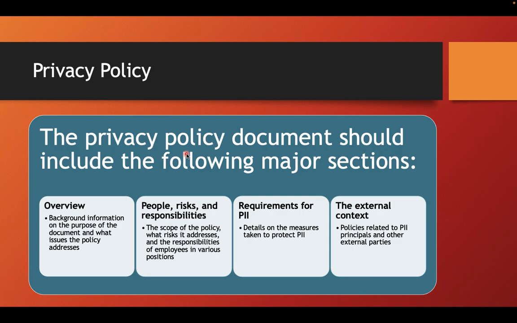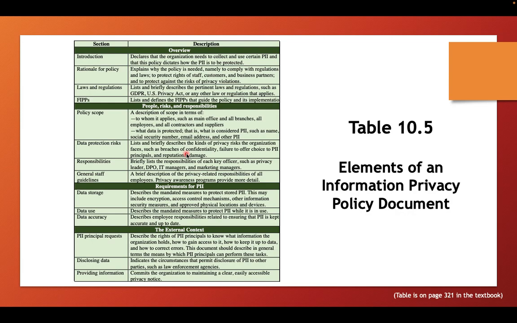What measures is the organization taking to protect the personally identifiable information? Then the external context. This one relates to the policies related to personally identifiable information principles and other external parties that are involved in giving out information or sensitive personally identifiable information.